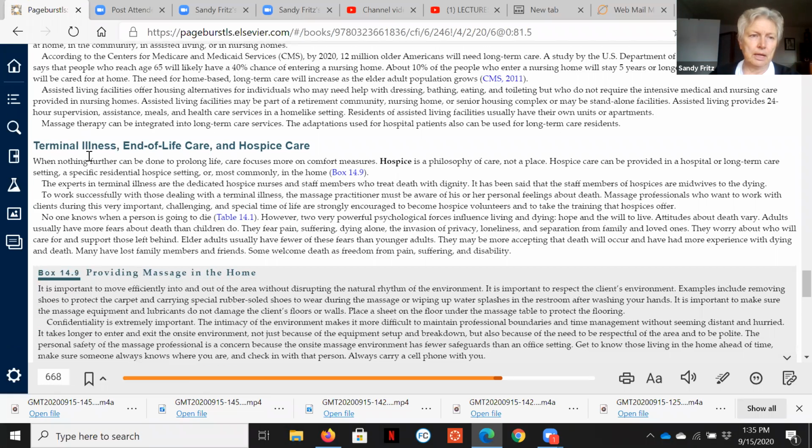And then end of life care and hospice care. There is an expectation here that death will be the end result. And the focus is to make that as positive and as comfortable an experience as it can be. It takes a real dedication to work in this environment.